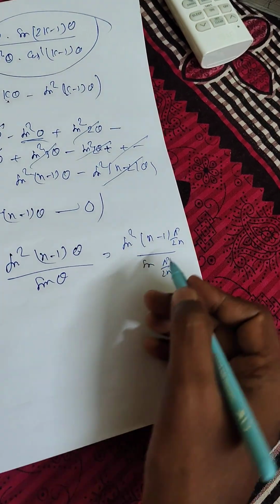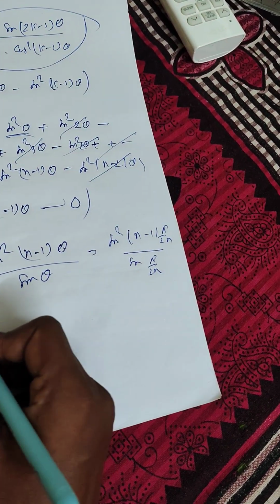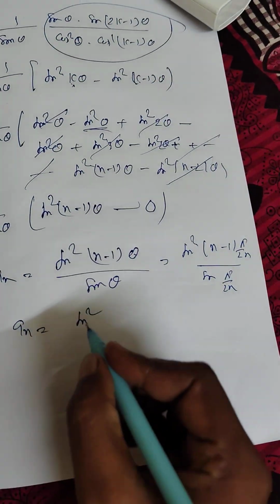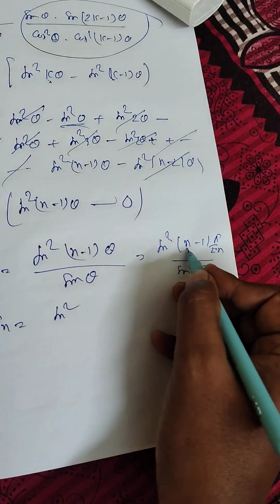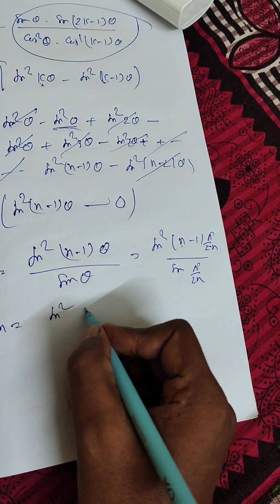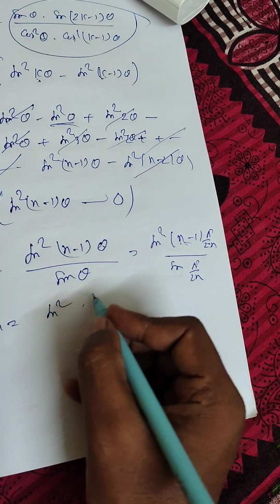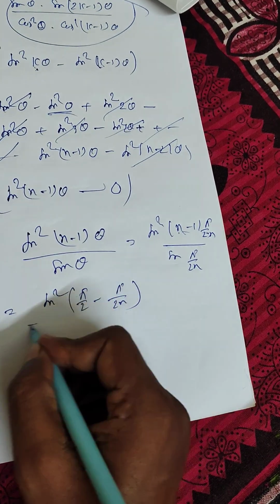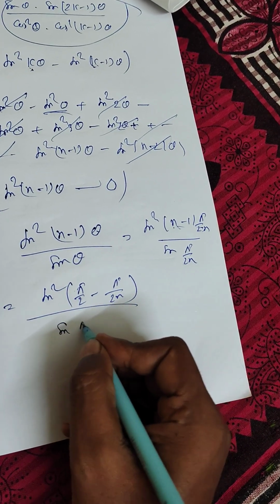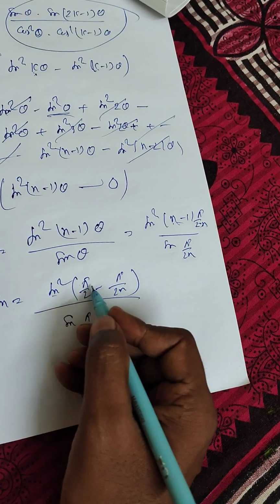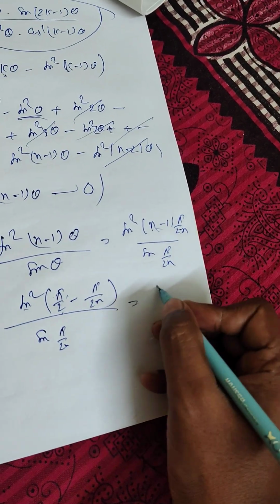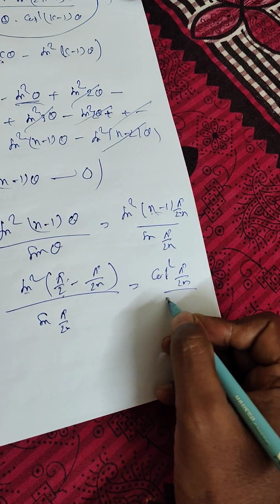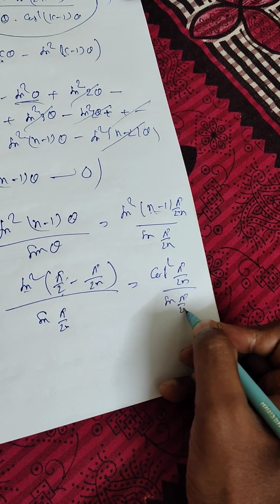Simplify, so a_n is equal to tan square (pi by 2 minus pi by 2n) by sin pi by 2n. Tan of pi by 2 minus x changes to cot, so cot square (pi by 2n) by sin pi by 2n. This is a_n.